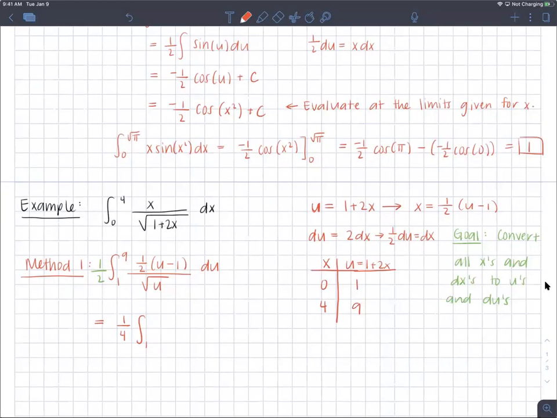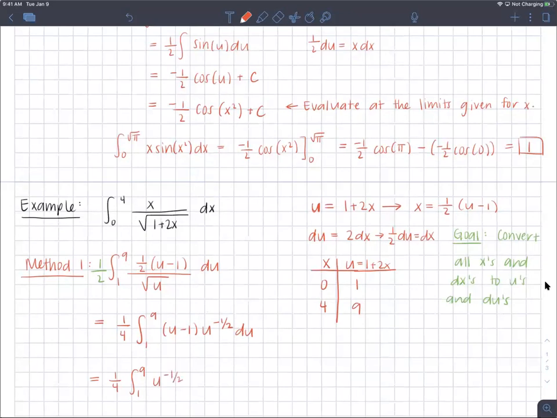But so you have 1/4 times the integral from 1 to 9 of u minus 1 times u to the negative 1/2 power. You're going to integrate that with respect to u. And then now I'm just going to take this and distribute it. And then it's 2 simple integrals, right?